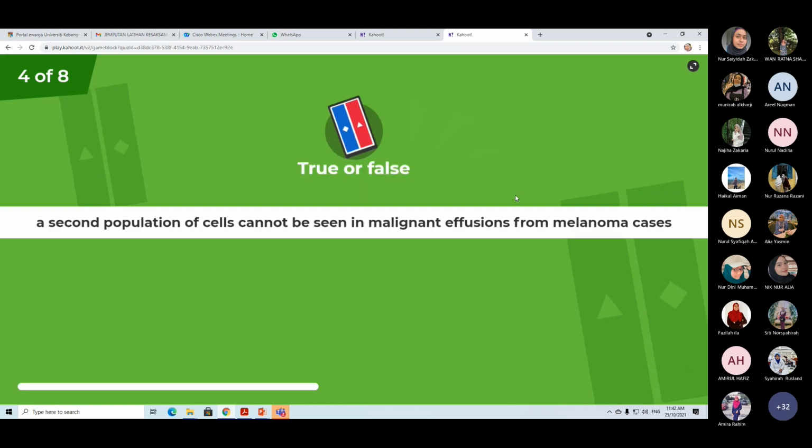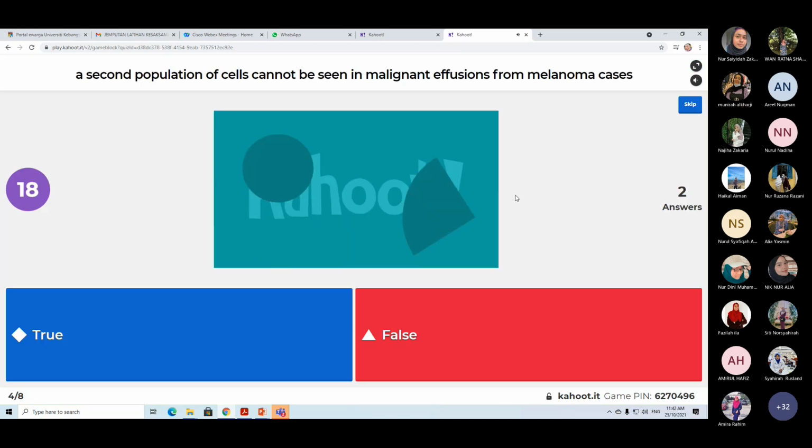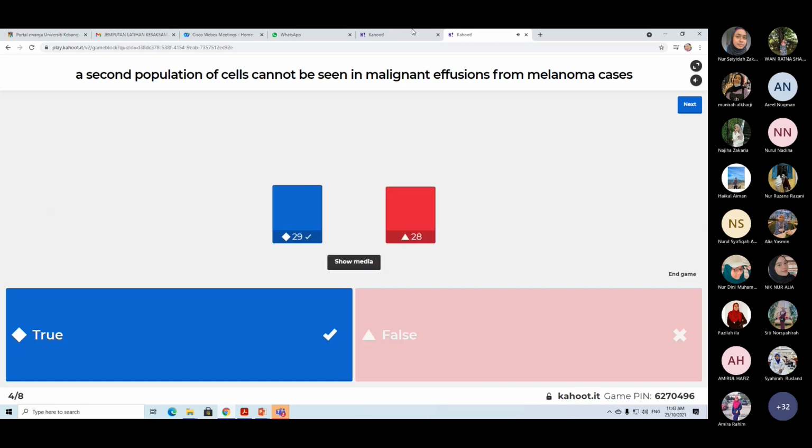A second population of cells cannot be seen in malignant effusion from melanoma cases. True or false? So the answer is true.